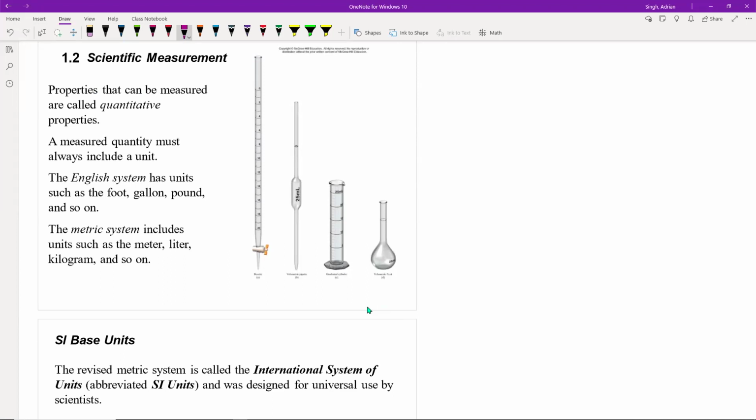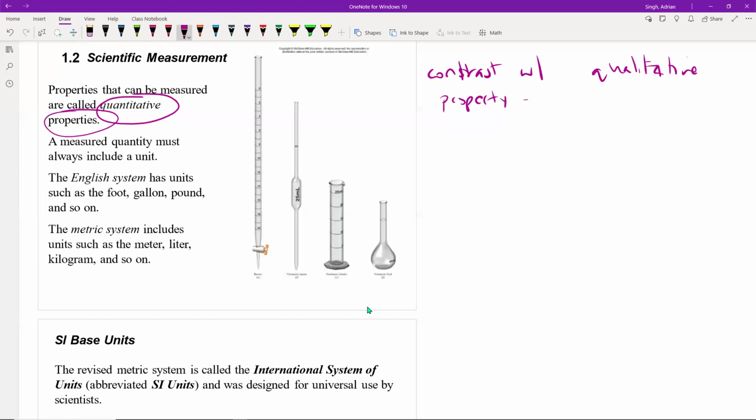A measurement would be an example of a property or a characteristic that's known as a quantitative property. So something that can be measured is known as a quantitative property, and that is in contrast with a qualitative property, which is not measured, but it can simply be described.